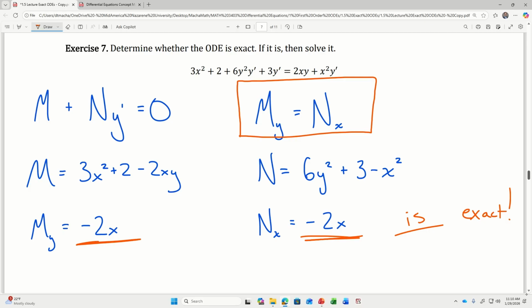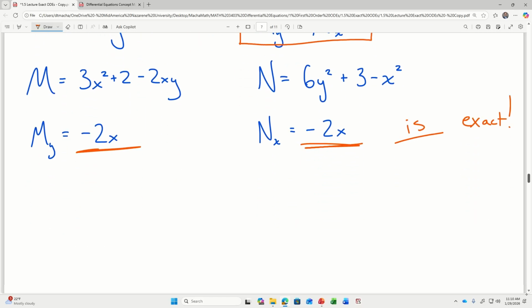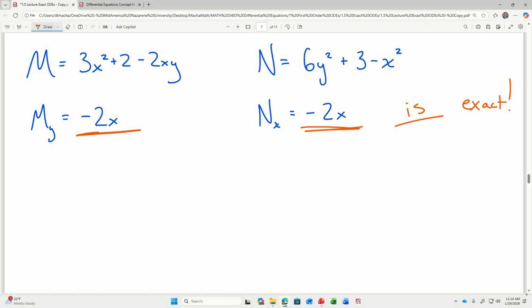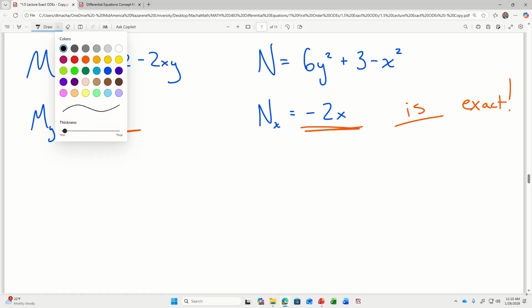In my solution method for solving this thing, we are going to look at the function psi.